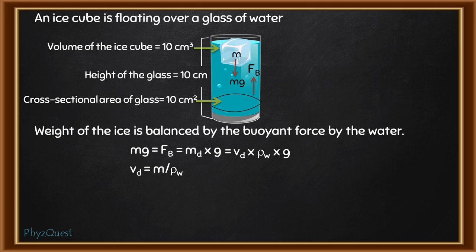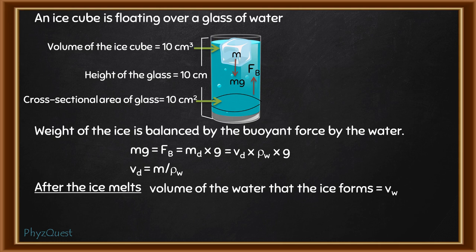After the ice melts, it forms water. So we have to find out the volume of the water which is formed after the ice melts. Let us say the volume of the water that the ice formed is Vw.